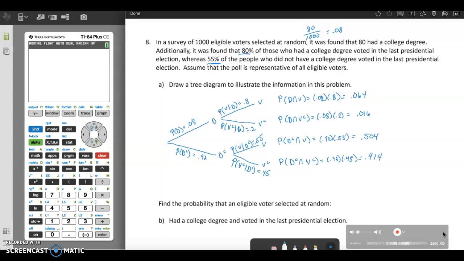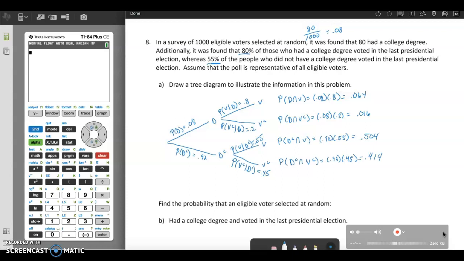So these are all of the possible pieces, everything that you get out of a tree diagram. You get the first branches, you get the second conditional probability branches, and then when you multiply through from the whole branch out, you get the intersections.